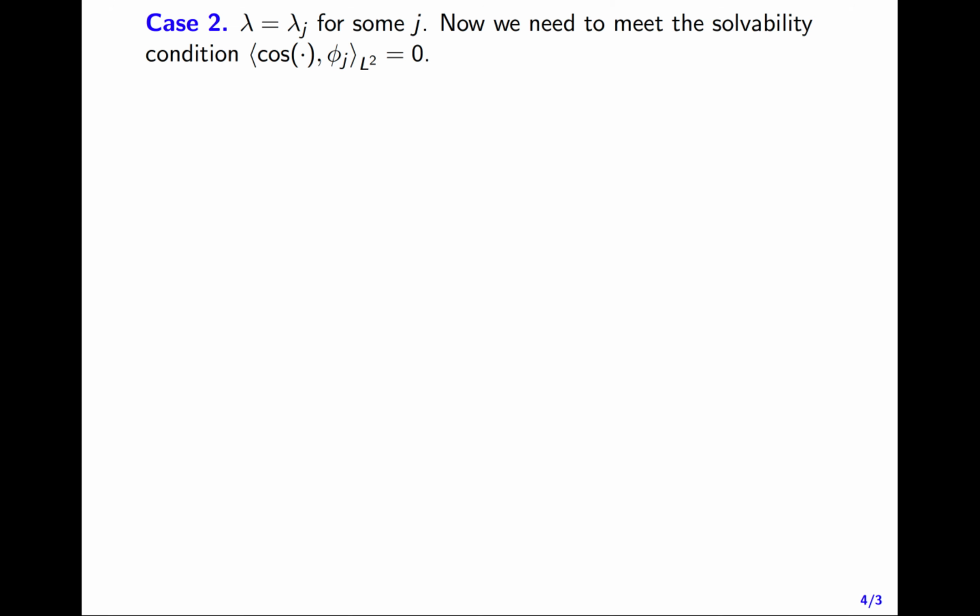Case 2. What happens if the parameter λ equals λ_j for some integer j? Now we need to meet this solvability condition, cosine against φ_j in the L2 inner product is equal to 0. So let's look at the solvability condition a little further. We need the integral from 0 to π of cos(x) sin(jx) equal to 0.